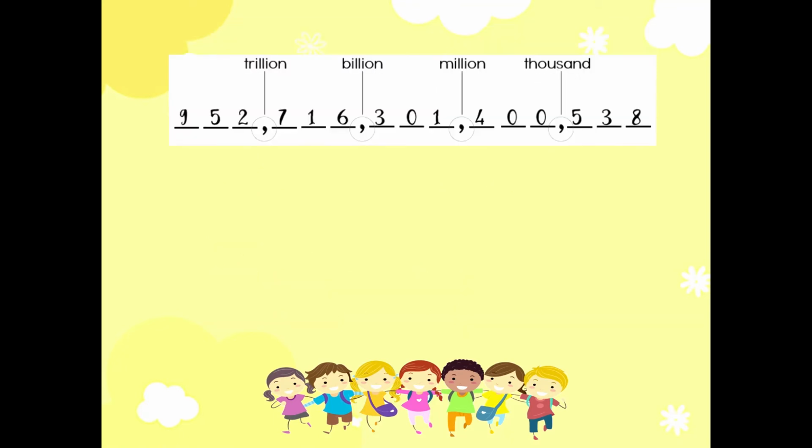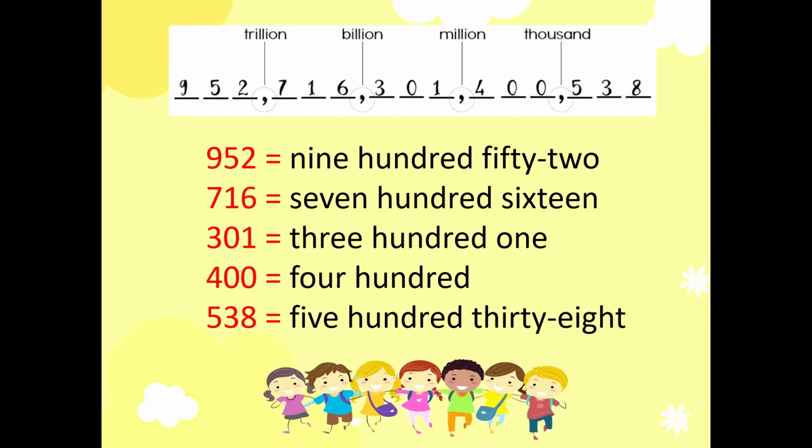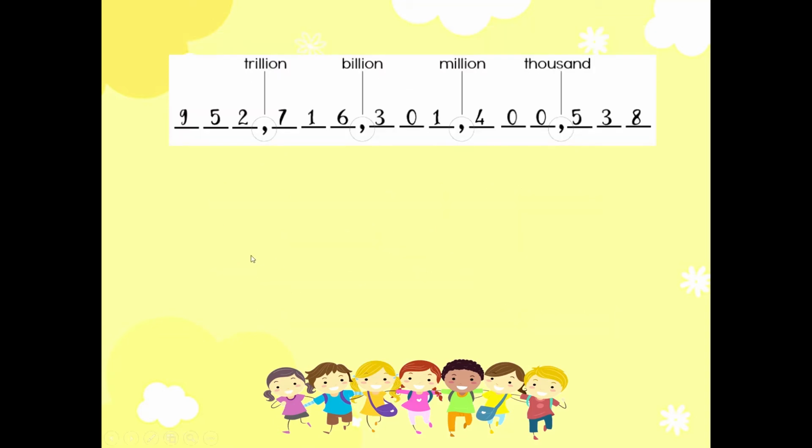Okay, when you separate it all into smaller pieces and read it together, you have to say each smaller piece of 3 numbers, and then add the word at the comma. You begin at the left.